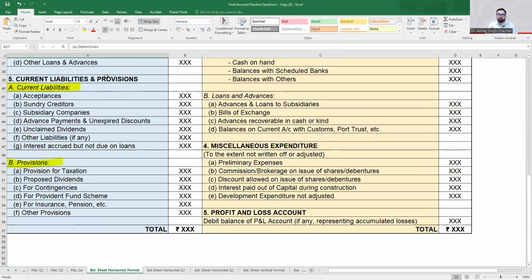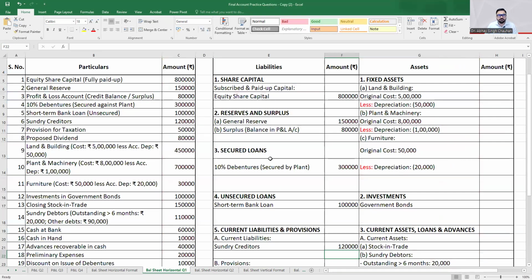When you go to the provisions, you'll see how many provisions there are. I believe there is only one provision and one proposed dividend is also given, right? So we have provision for taxation and proposed dividend. These two items will go under the category of provisions. One by one, we'll put the value of these two under their respective heads.